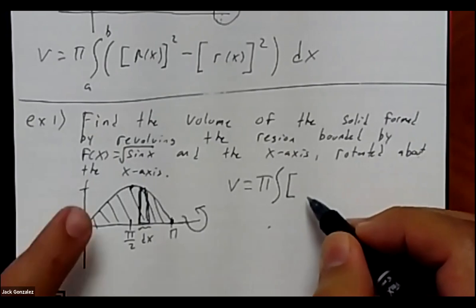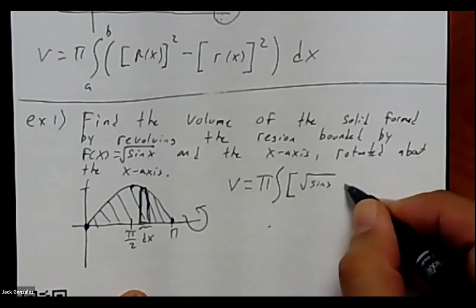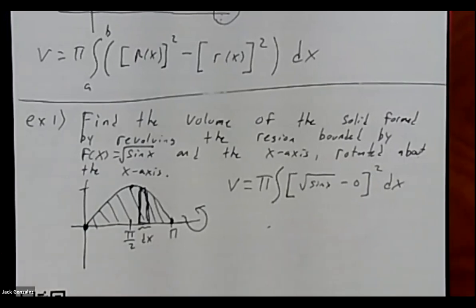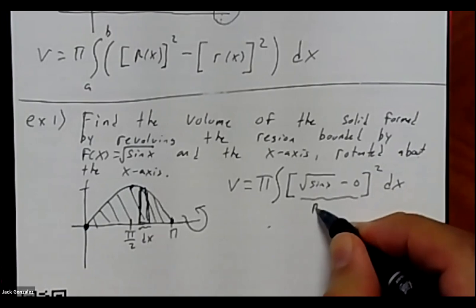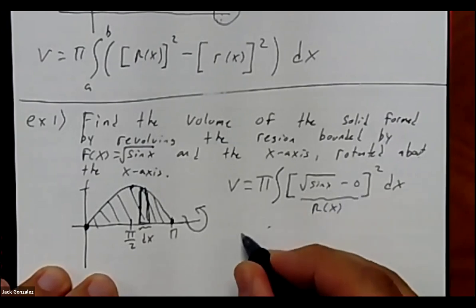Our radius is going to be the top function minus the bottom. So just like the last section, this is my radius of the region. If it was a different function on the bottom, then you would put that function. Yeah, we're doing the horizontal. So squaring a square root, that's going to be simple, right?